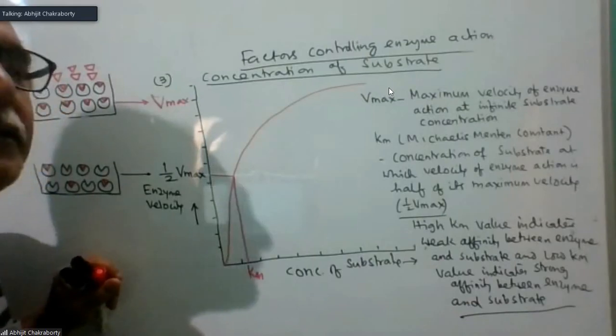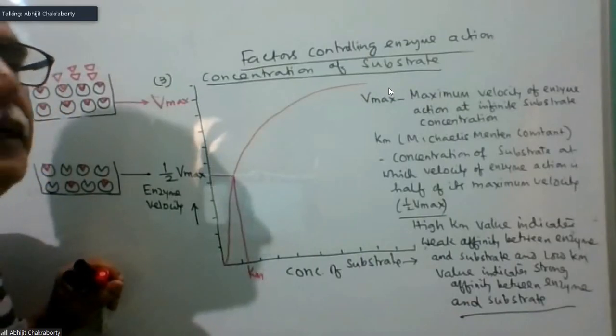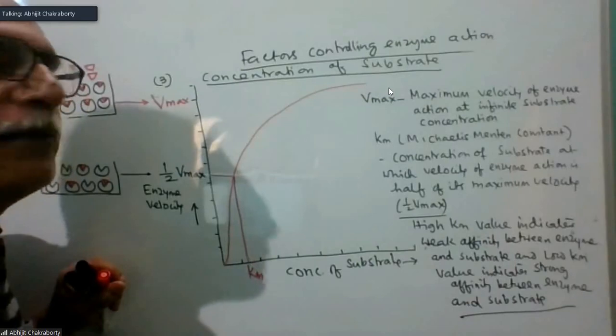When it is low Km, it indicates strong affinity between enzyme and substrate.